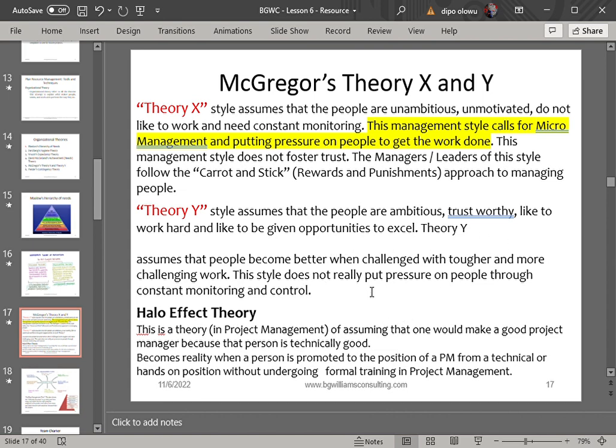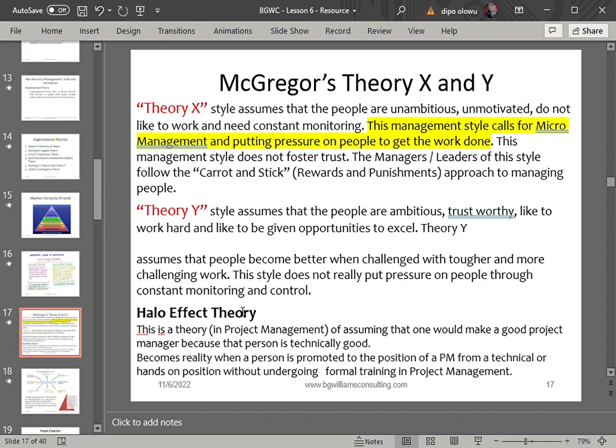McGregor Theory Y says those people, you don't need to micromanage them. But what you can do is provide a challenging and tougher environment for them to work. Give them more responsibility and give them time to carry out those responsibilities. That is McGregor Theory Y.